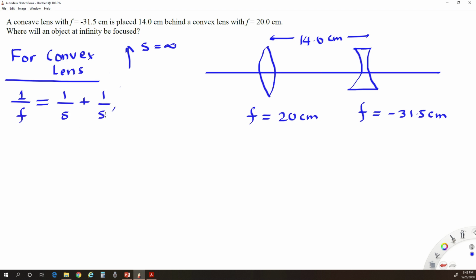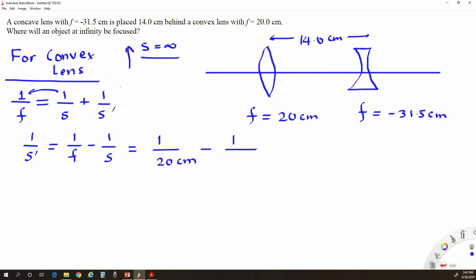And let's find out where the image is formed. I can rearrange this formula as 1 over s prime is 1 over f, I take this to the other side, it becomes minus 1 over s. And I have 1 over f is 1 over 20 centimeters minus 1 over s.